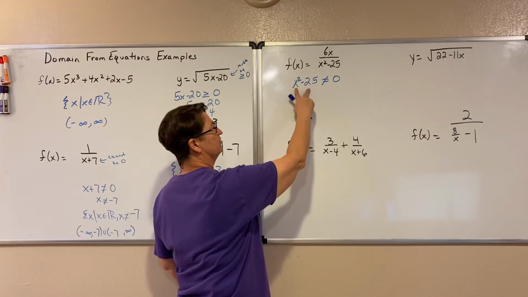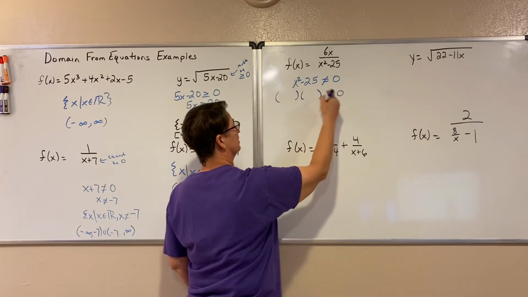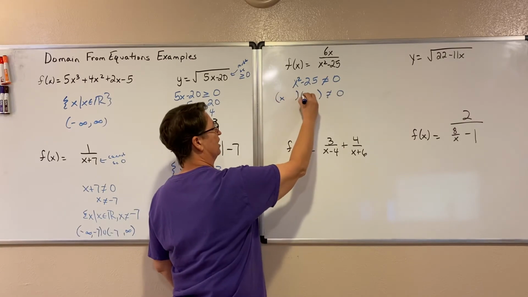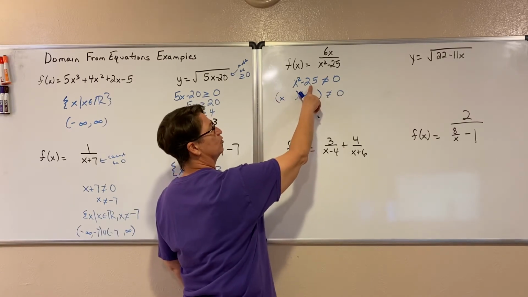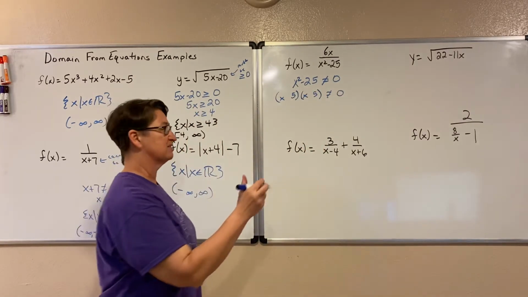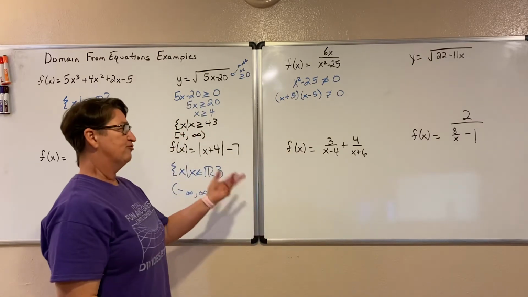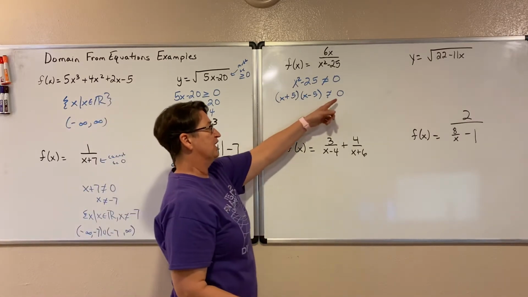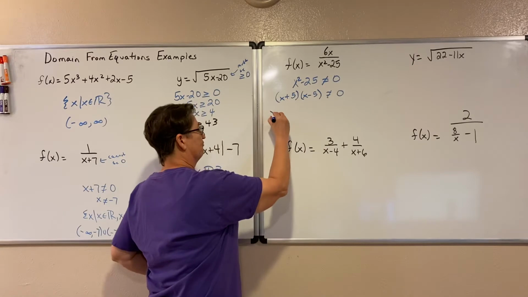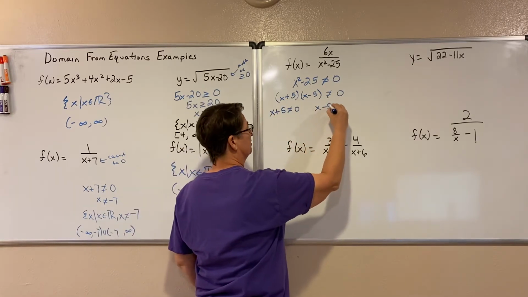This is a difference of squares. So I'm going to factor it using the difference of squares and x in the front. The square root of 25 is 5. And I know with my difference of squares that my signs will be opposite of one another. Now I have 2 numbers that are multiplying together to equal 0. Either that first one is equal to 0 or the second one is.